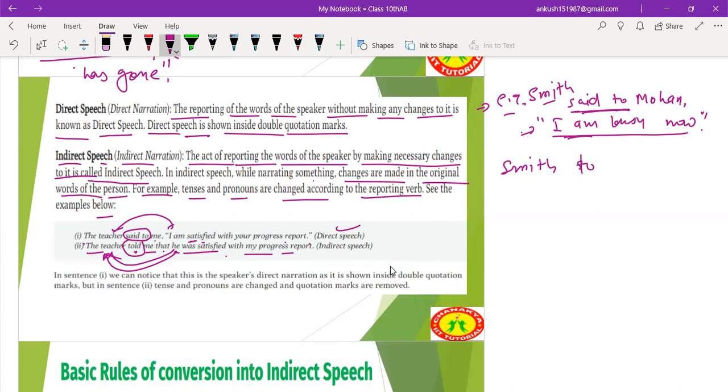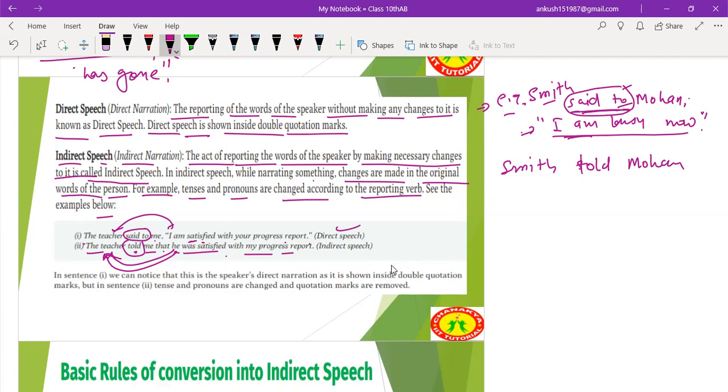Smith told Mohan. See, whenever you transform it, don't use "to" after "told." It is not used after that. In fact, in any transformation it does not carry it. So, Smith told Mohan.